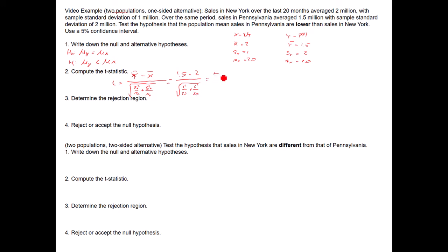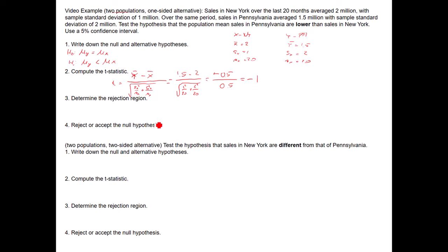We've got negative 0.5 in the numerator, and then in the denominator we have 1 plus 4 divided by 20. Putting it in a common denominator, that's 1 quarter. The square root of 1 quarter is 0.5, and so that gives us negative 1.